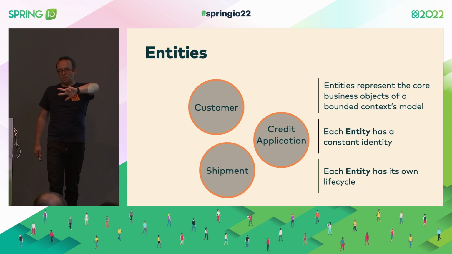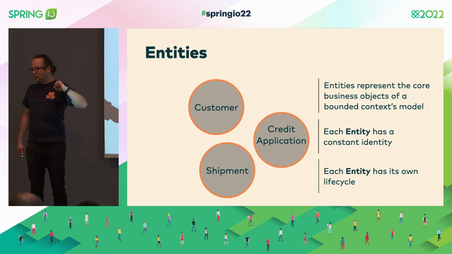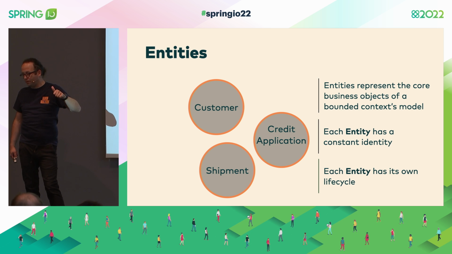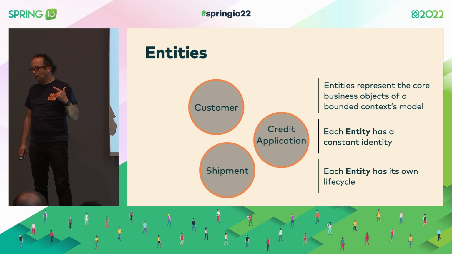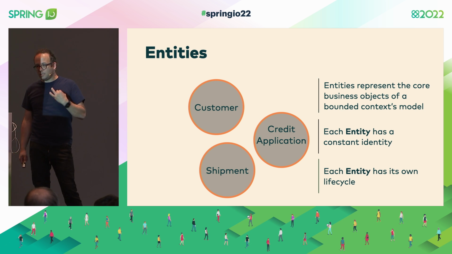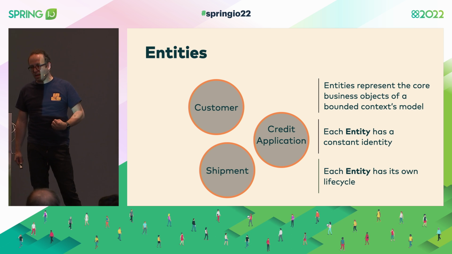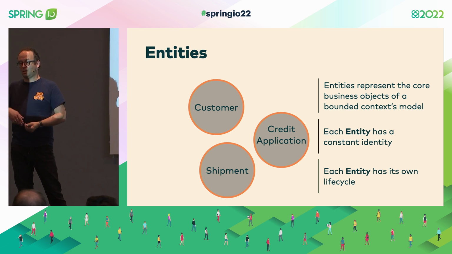Entities, value objects, and aggregates, because they are the important ones in terms of modularity. Entities represent core business objects with behavior that have a constant identity and their own life cycle. And a quick note here, your JPA entity is not a domain entity, not a DDD entity, even if some folks claim that.